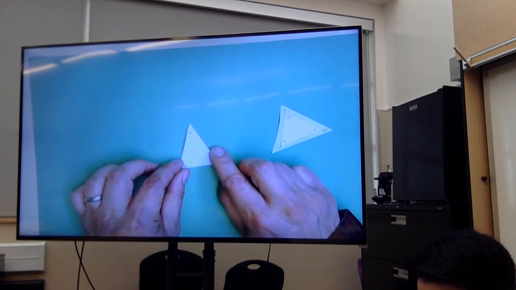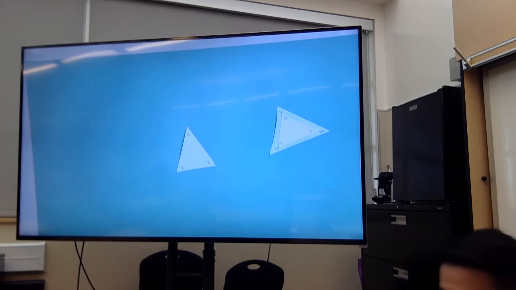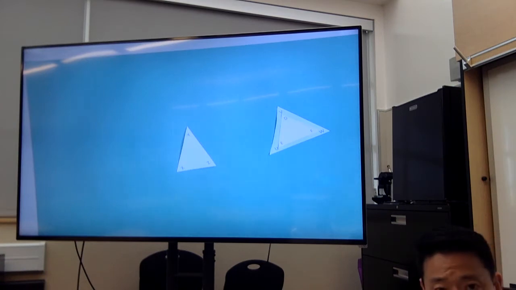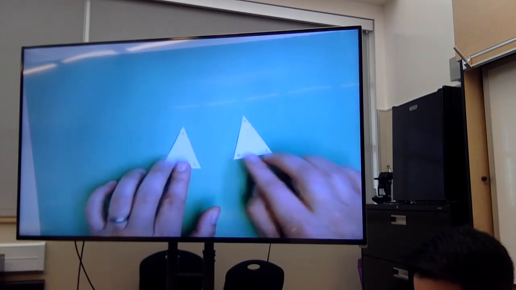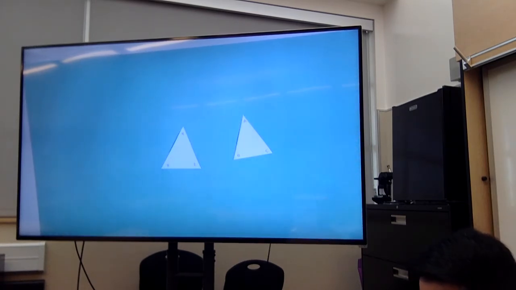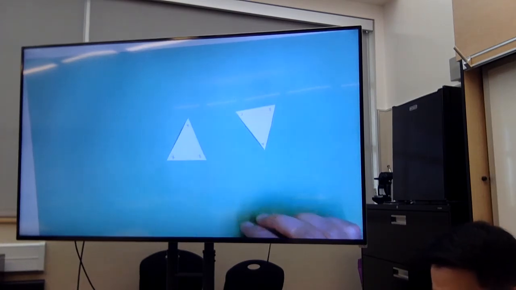And so I want you to think about polygon congruence as, can you move one of the polygons so that it sits right on top of the other polygon, like these two? If I told you that these two polygons are congruent, it doesn't matter if, let's say, one is facing this way and one is facing that way.